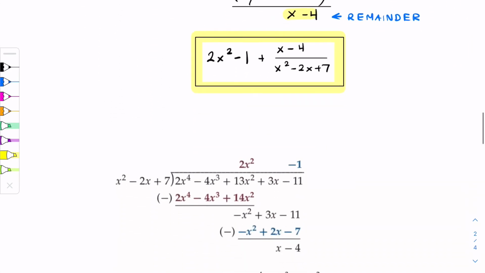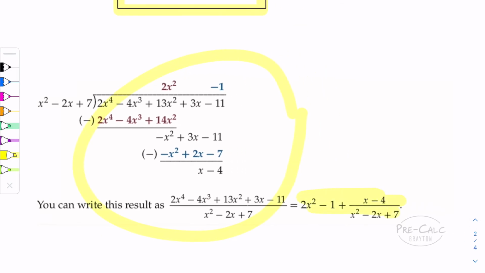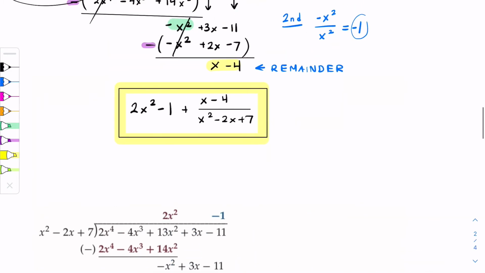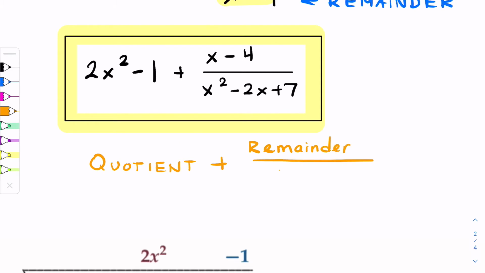So this here is that same problem, and you can see how they write the answer. So just to give you a little background, you're always going to write the quotient plus the remainder over the divisor.